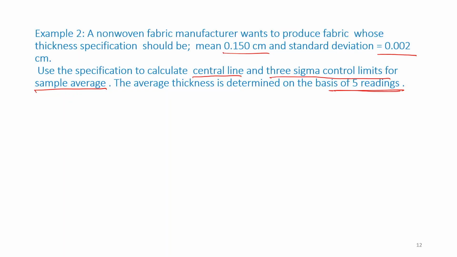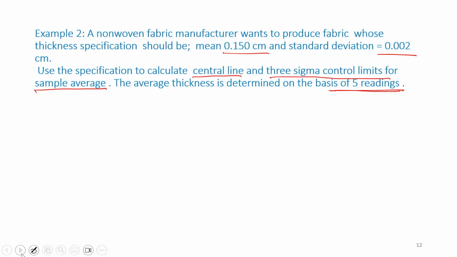And we have to find what my central line should be, that is the mean value, and what the control limits are, that is the 3 sigma control limits. The warning limits are not given, so we need not calculate them in this case.